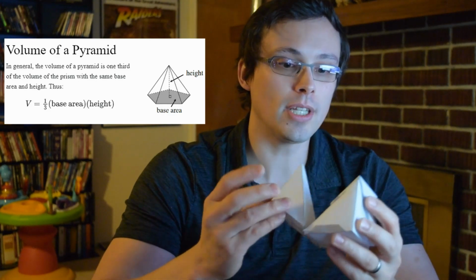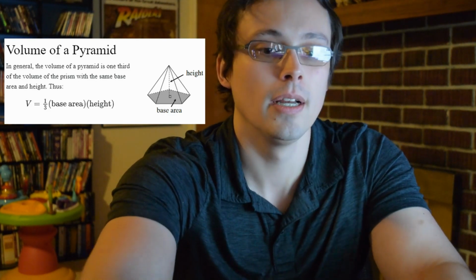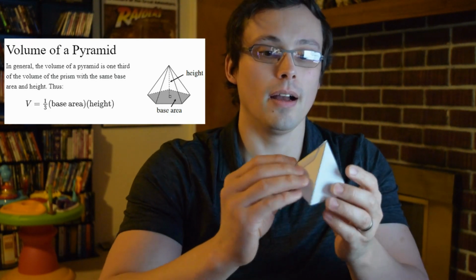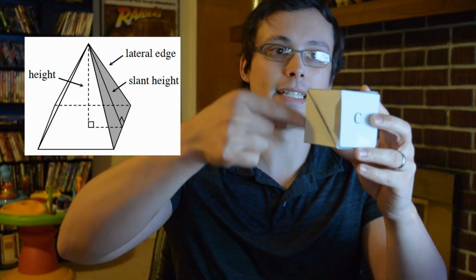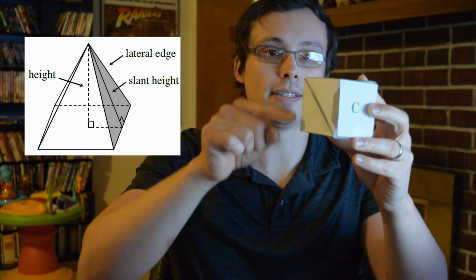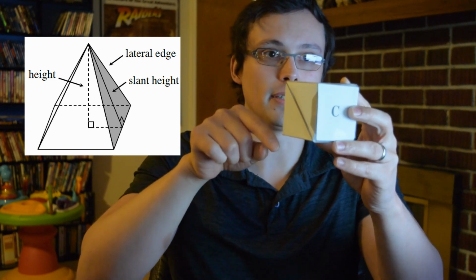And then when we're talking about height, it's important to remember we're not talking about a slanted edge length. We're talking about when we have arranged this into this cube, the height is at a 90-degree angle to the base.